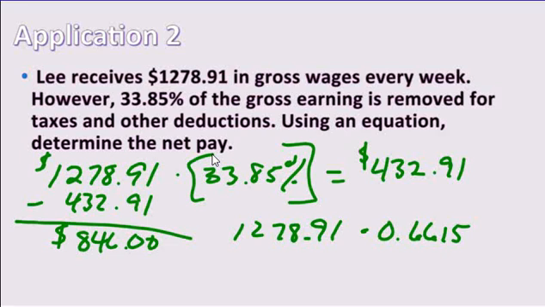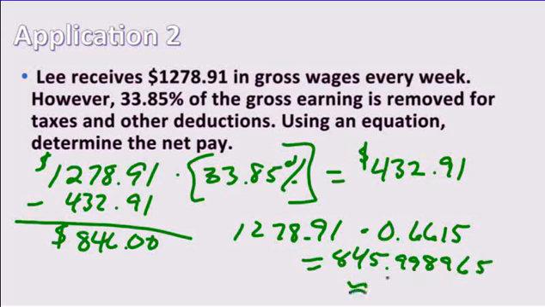And if you did this one, you would have gotten $845.998965, which is $846 to the nearest cent. That's how you get your $846.